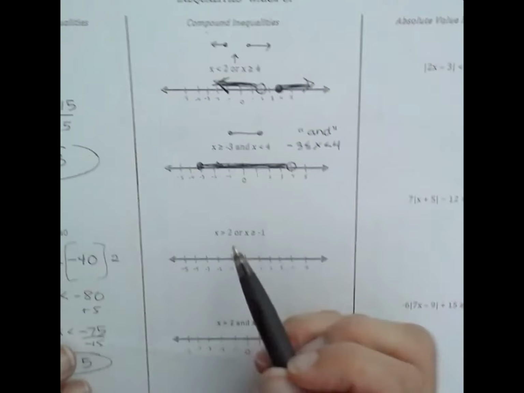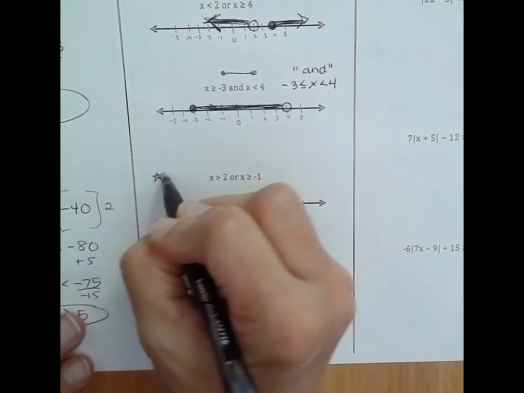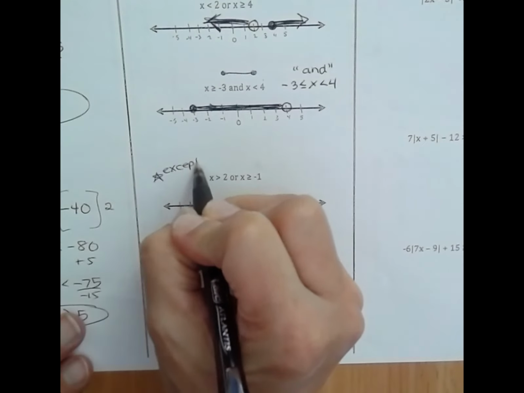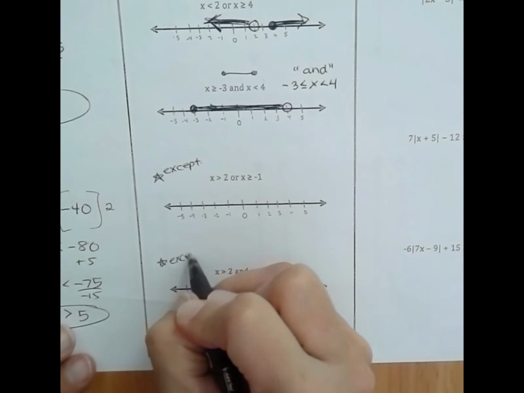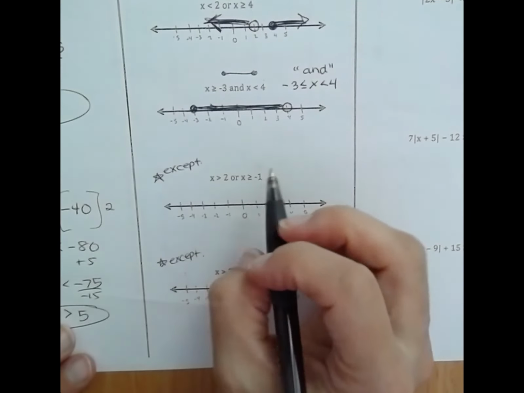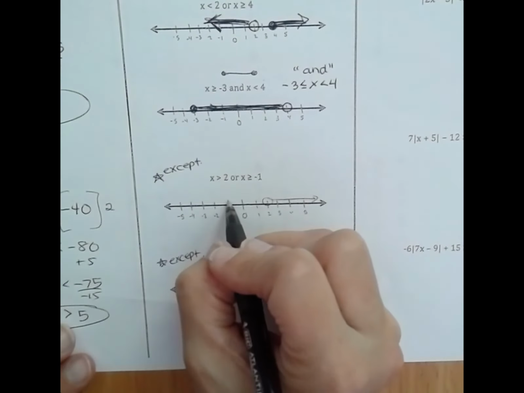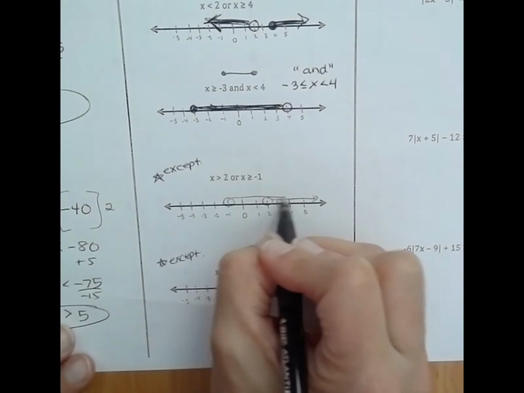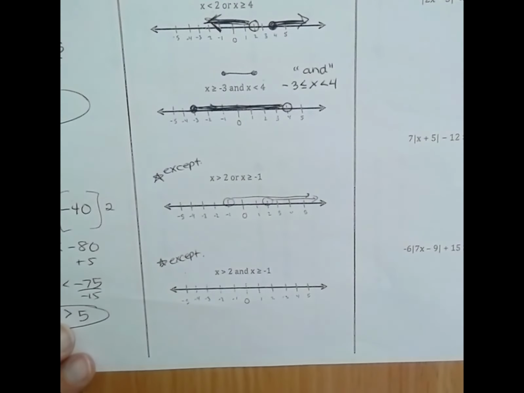All right, let's see. The next one, these are, of course, two exceptions. X is greater than 2. So that would look like this, or x is greater than or equal to negative 1. So remember, when we have an or, we're looking for anything that is covered in that area.